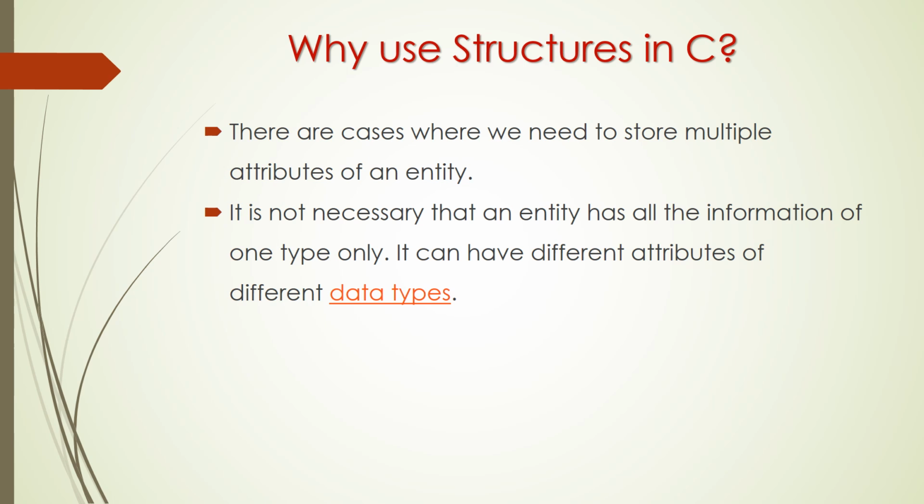They allow us to group together different types of data under one unit. So think of a structure as a custom data type we create to represent real world entities that have multiple and mixed types of attributes.